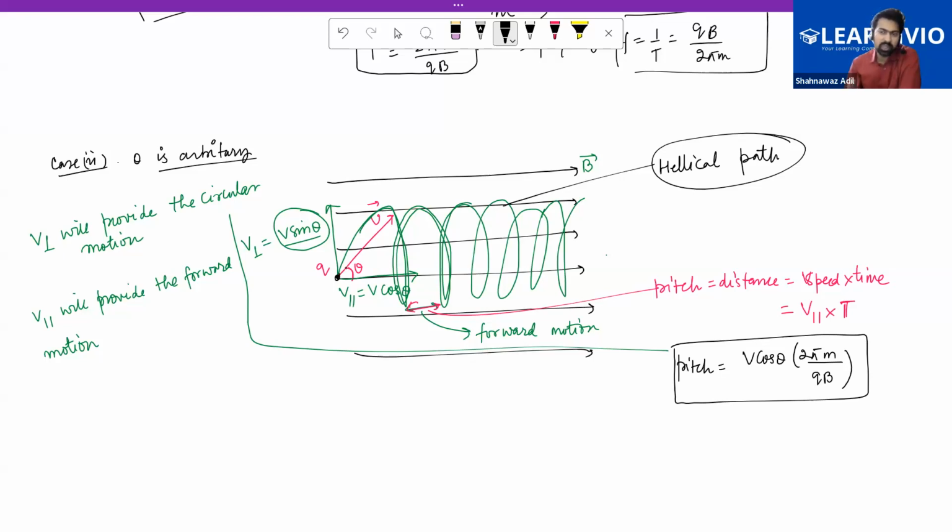So quickly note down this part, and then we'll do the next topic, which is the force on a current.